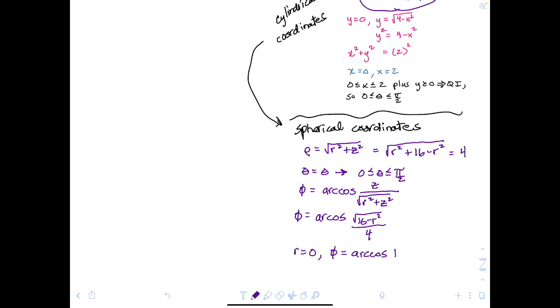Because you'd have root 16 divided by 4, which is 4 over 4, which is 1. And that would give us phi is equal to 0.